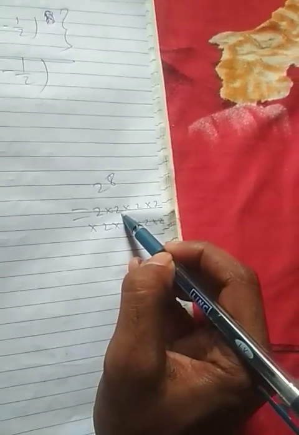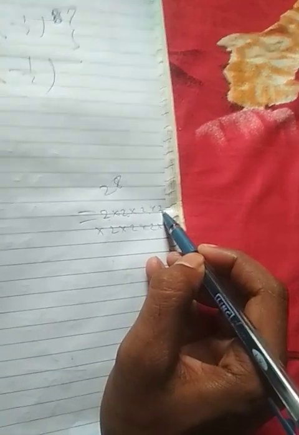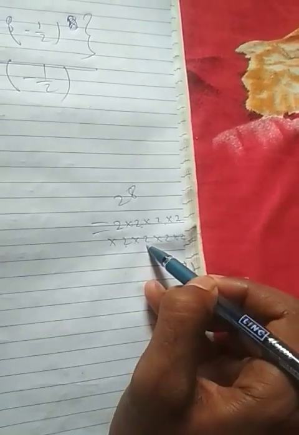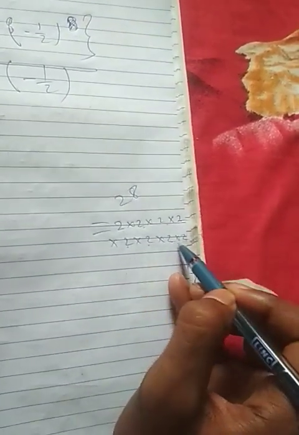2 into 2 into 2 into 2 into 2 into 2 into 2 into 2. This you have to find out this result. 2 into 2 is 4, 4 into 2 is 8, 8 into 2 is 16, 16 into 2 is 32, 64, 128 into 2, 256.